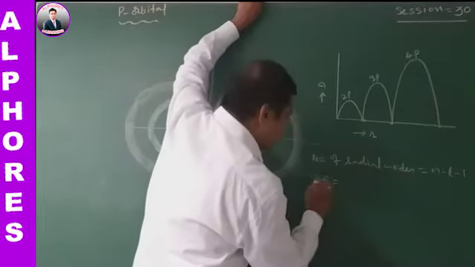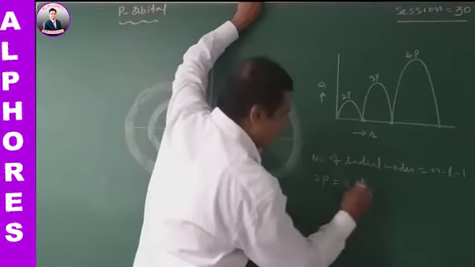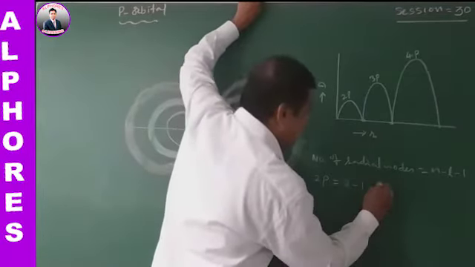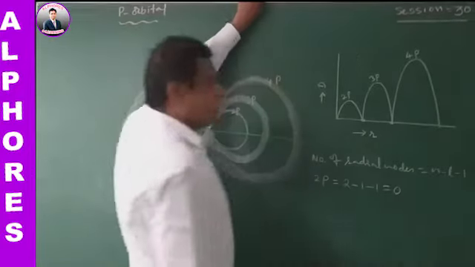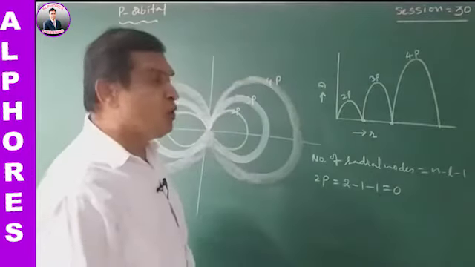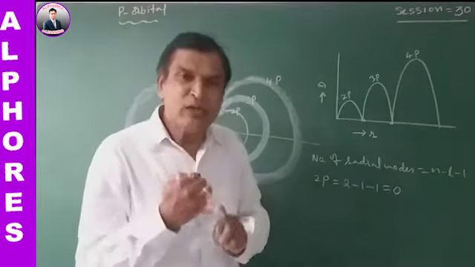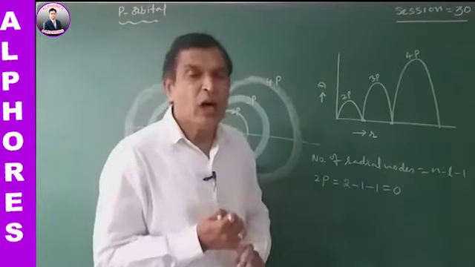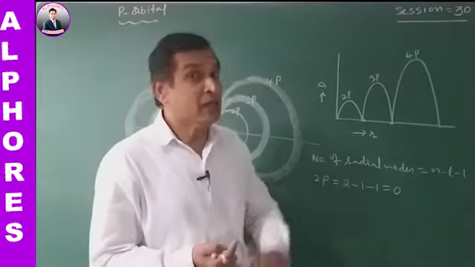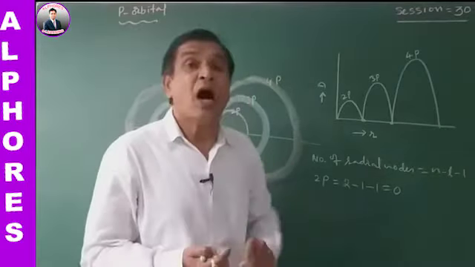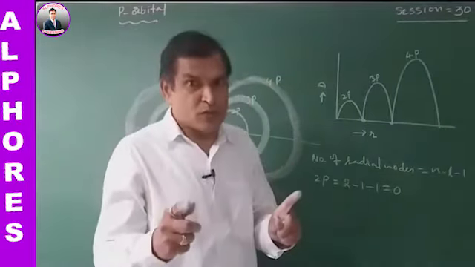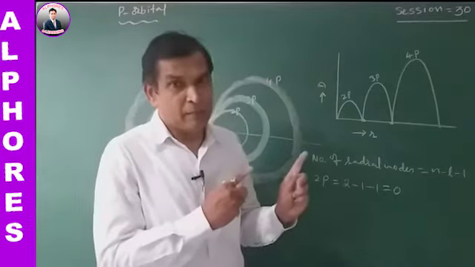N is equal to 2, L value for p orbital is 1, so 2 minus 1 minus 1 is equal to 0. For 2p orbital there is no radial node. You can call it radial node or node or nodal surface or spherical node. Okay, they are all the same.